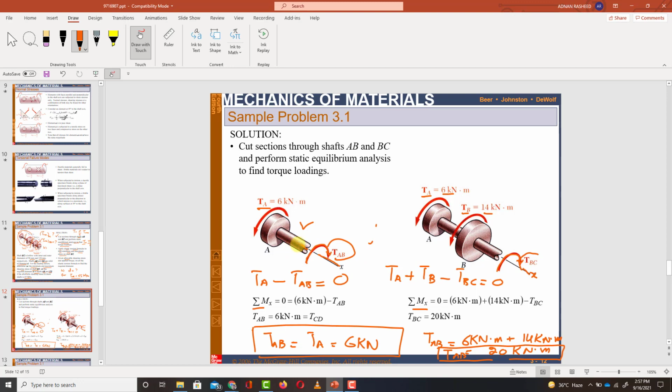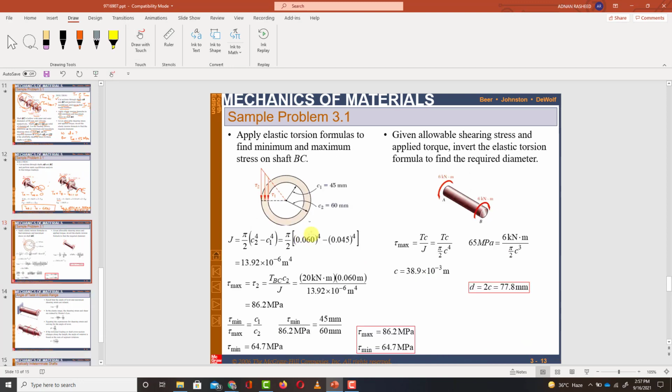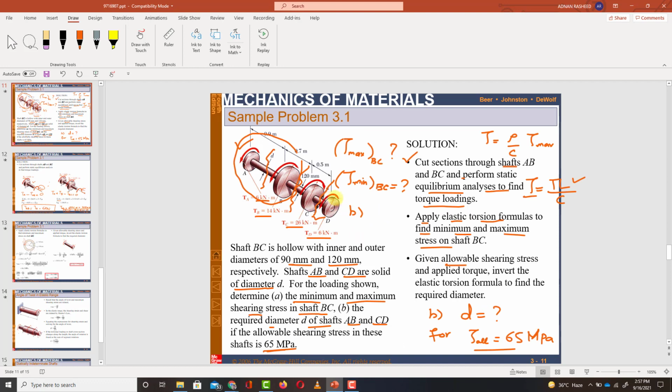Similarly, you do not need the third section. Why? Let me clear that too. If you take the section in the third portion, this is 26, this is 14, and this is 6, so 20, 46. Clear? If you find this, it would be opposite to that.